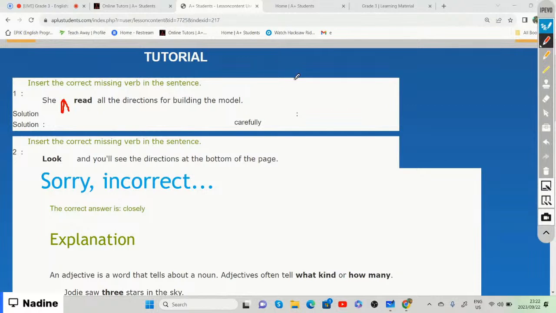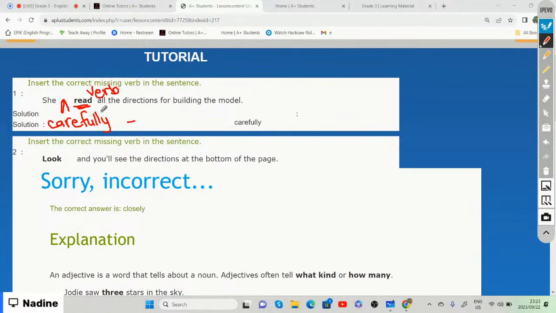So she carefully read the directions, which means that read, what is read? Is read a verb or is read a noun? If you look at the word read, is read a verb or is read a noun? So read is basically a verb.